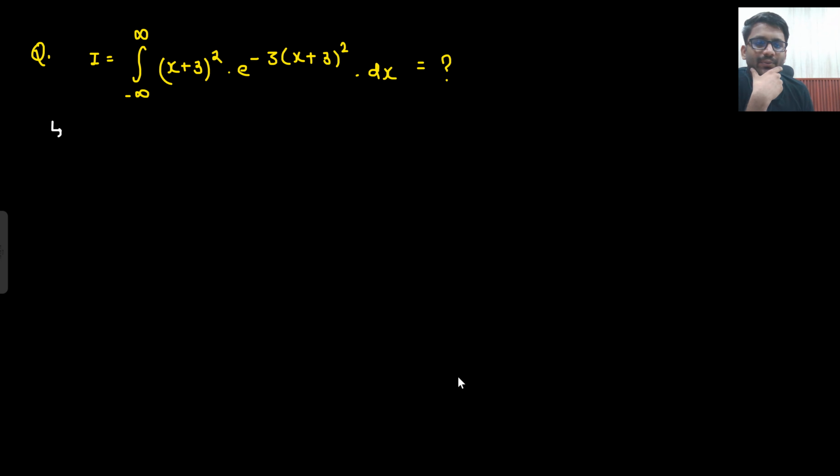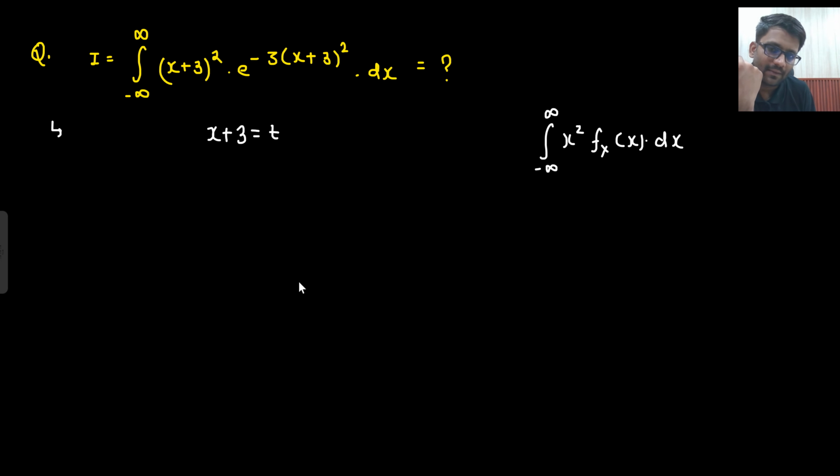So what do I know? That I can solve the problems which are something like this: x square fx of x dx. But here x plus 3 is written. So what I will do? I will put x plus 3 as t. So dx would be equal to dt. Basically I need to make a single variable square.